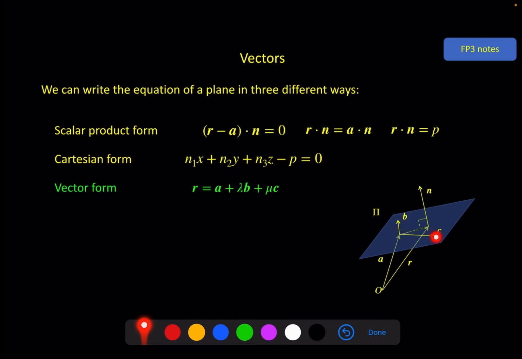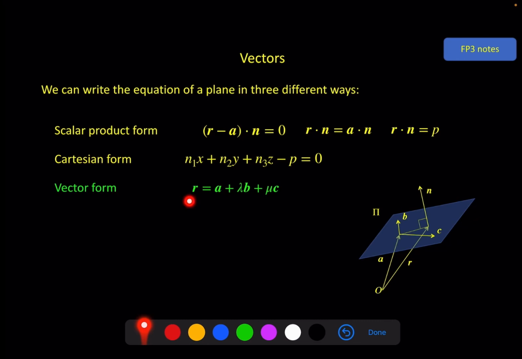So long as they're not parallel, they don't need to be perpendicular to each other to get us anywhere in the plane. So if I go from O along a to the plane, then some multiple of b in this direction and some multiple of c in this direction, that's enough to get me anywhere on that plane, so long as these two are not parallel.